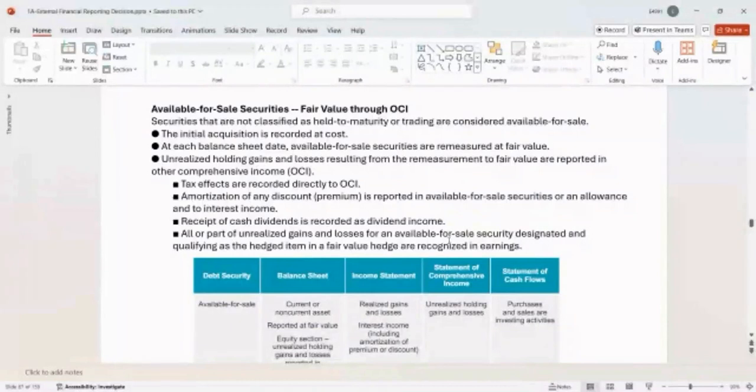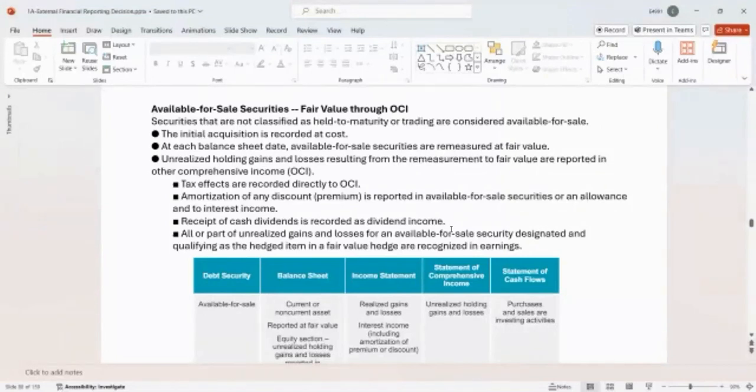Available for sale securities, fair value through OCI. Securities that are not classified as held to maturity or trading are considered available for sale. The initial acquisition is recorded at cost. At each balance sheet date, available for sale securities are remeasured at fair value. Unrealized holding gains and losses resulting from the remeasurement to fair value are reported in other comprehensive income. Tax effects are recorded directly to OCI.